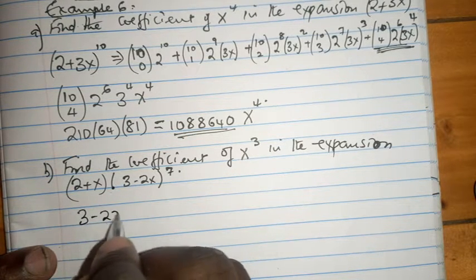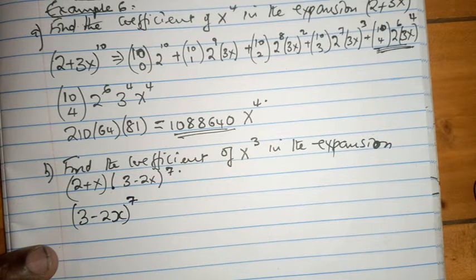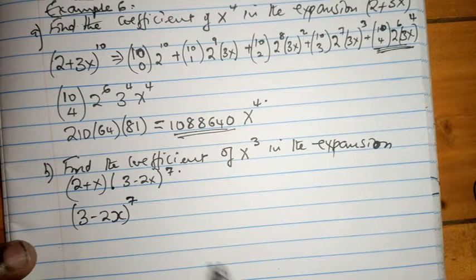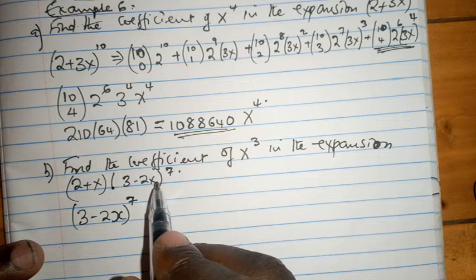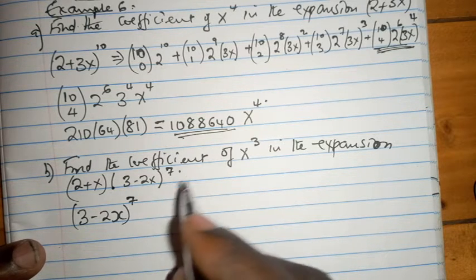So let's start with (3 - 2x) raised to power 7. We will be looking for x raised to power 3 and x raised to power 2. I will tell you why.